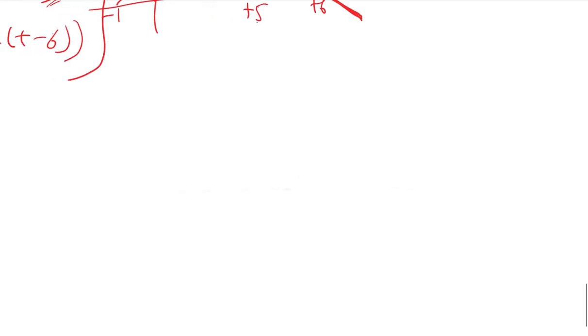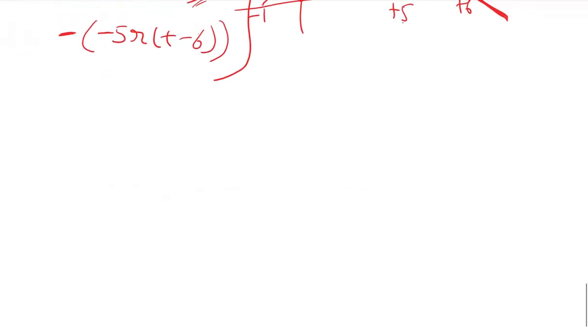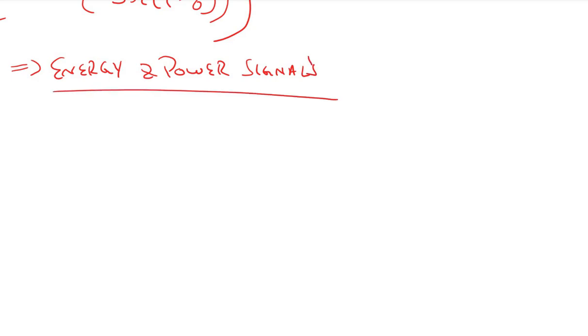Moving on, the next important classification of the signal is energy signal and power signal. First of all, let us see what is the mathematical expression of energy and power of a signal.